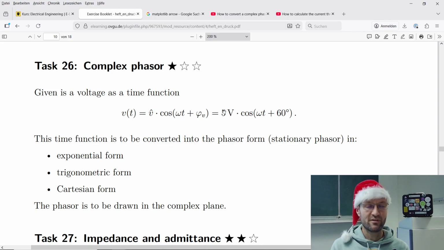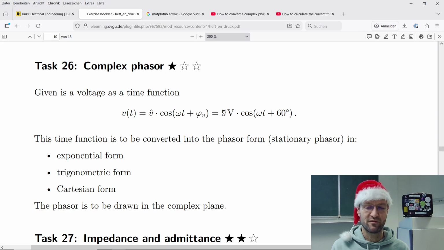And this is the frequency, a special kind of frequency: the angular frequency. It's 2 times pi times f, the usual frequency. This is the time. It's a function of time. And how would we call this here?